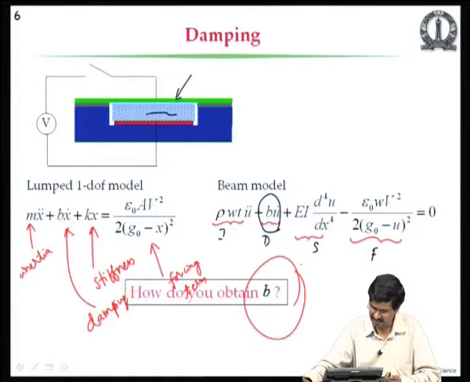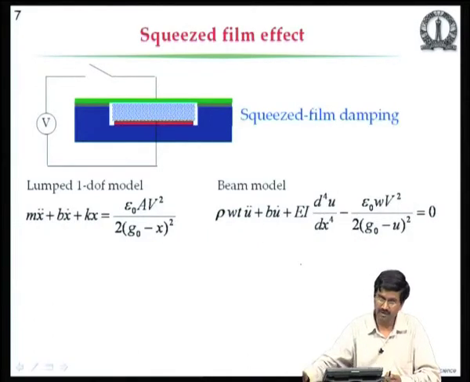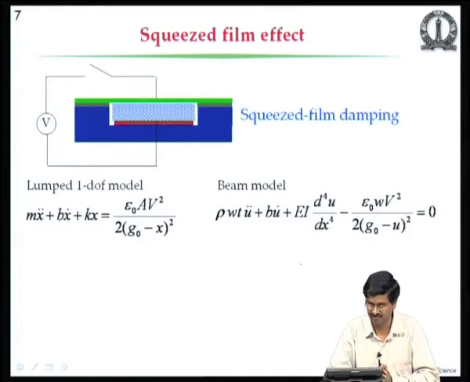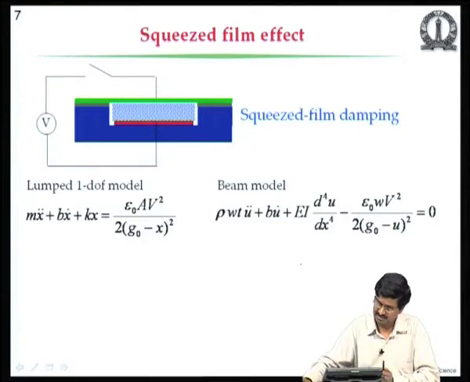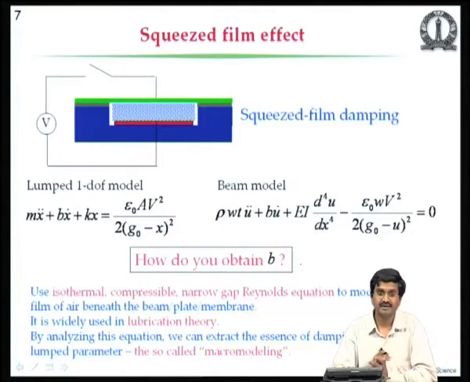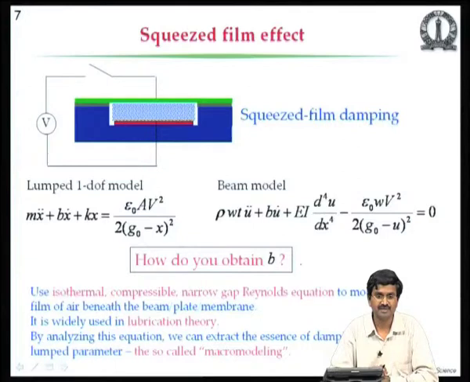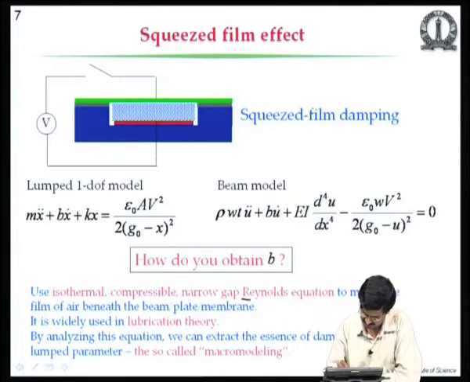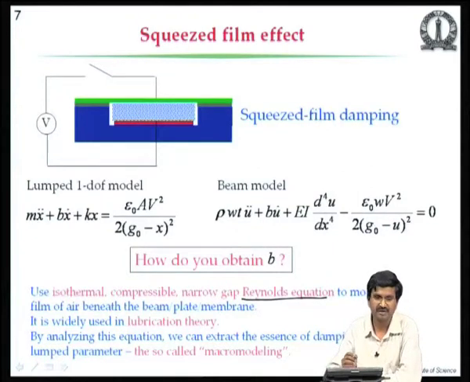So, in order to analyze this, we have to discuss this squeezed film effect, which is modeled using a special form of the fluid governing equation, that is the Navier-Stokes equation, called a Reynolds equation. So, this is a Reynolds equation. In fact, that is a lot of adjectives.